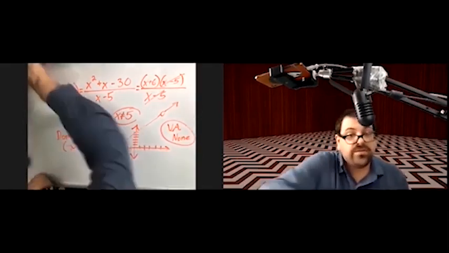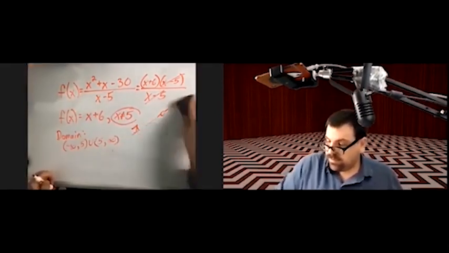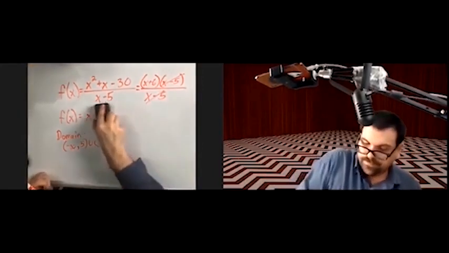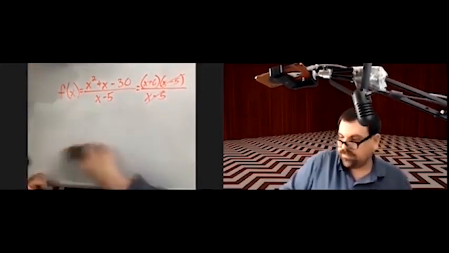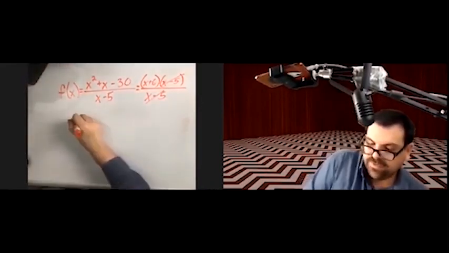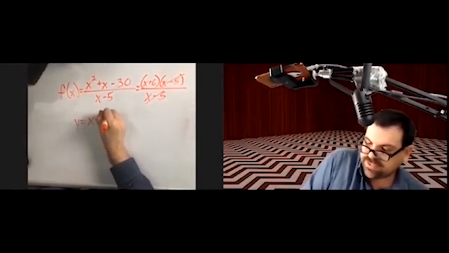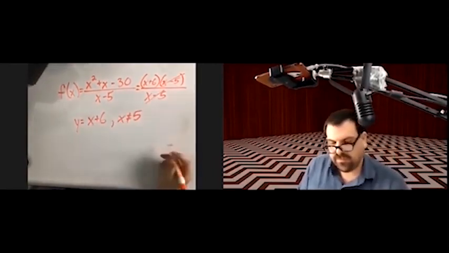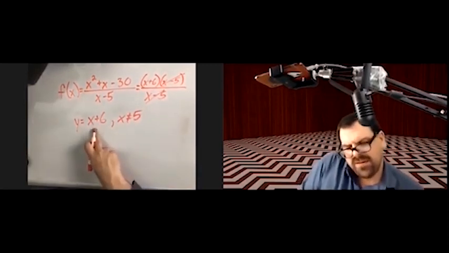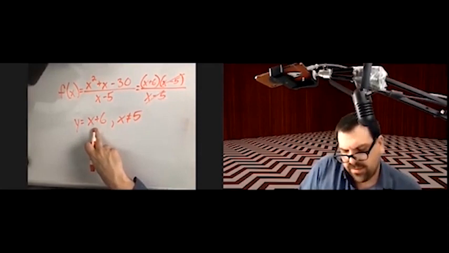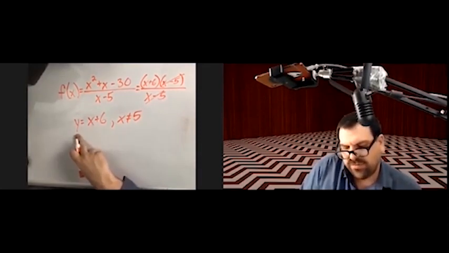How can we find the value of that hole? Well, we simplified this to y equals x plus 6. We know x can't be 5. If x were 5 and we plugged it in, the y value would be 5 plus 6.